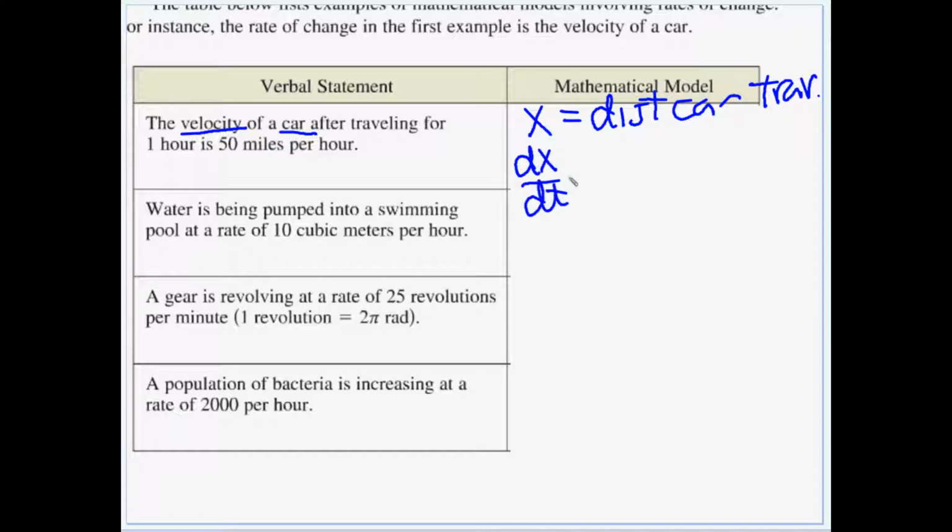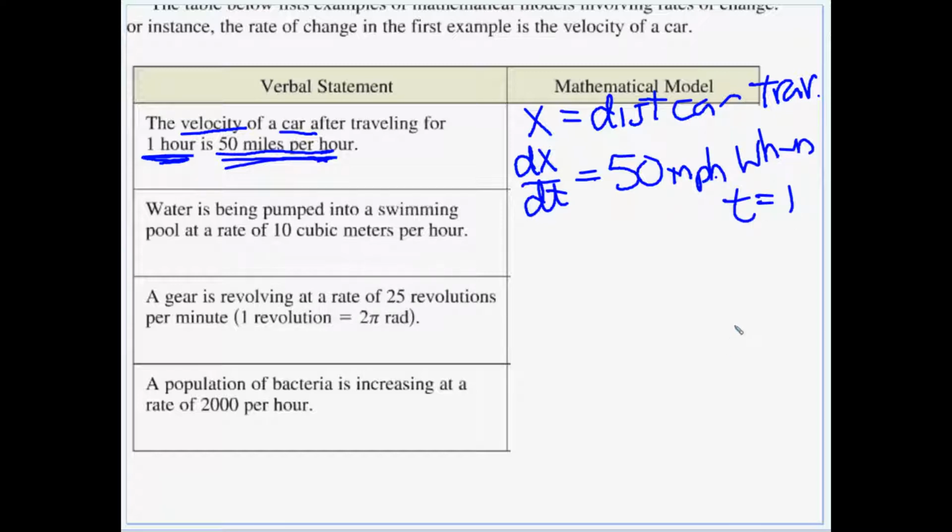How has our distance changed as time goes by? So the velocity is 50 mph. And we could put in there when time is equal to 1 because we've traveled 1 hour. So we're going at 50 miles per hour when time t is equal to 1.